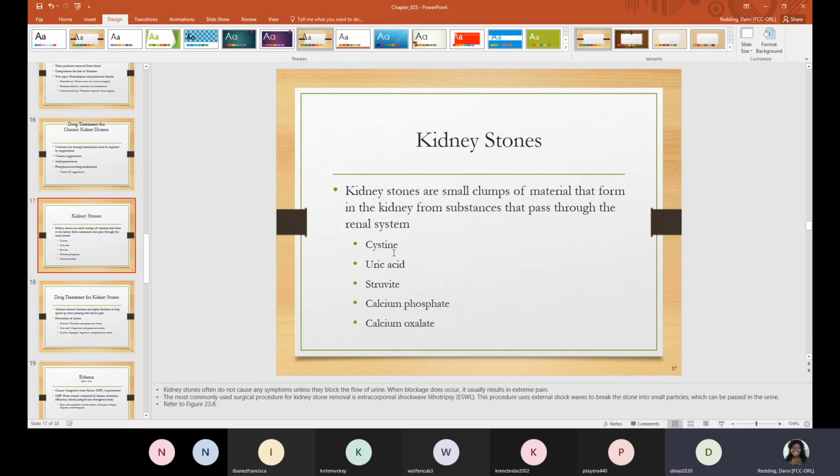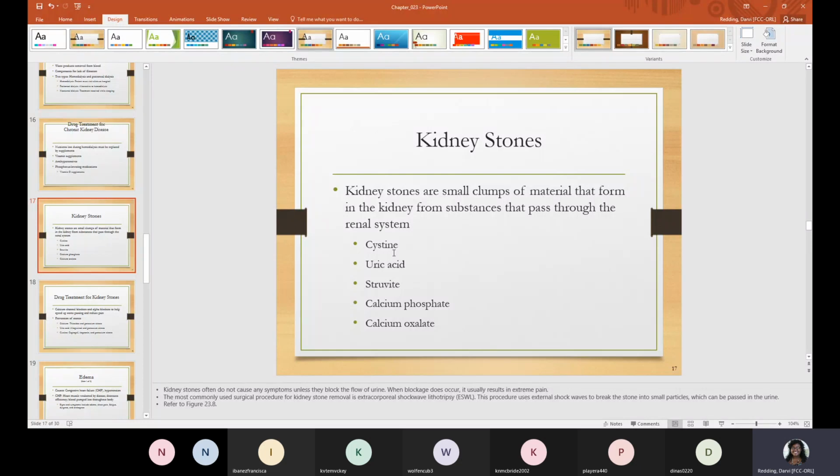So continuing learning about other conditions of the renal and urological system, we'll learn about kidney stones. Kidney stones are a small clump of material that form in the kidneys from substances that pass through the renal system. Kidney stones would include cysteine, uric acid, struvite, calcium phosphate, and calcium oxalate. Now, kidney stones do not cause any symptoms unless they block the flow of urine.